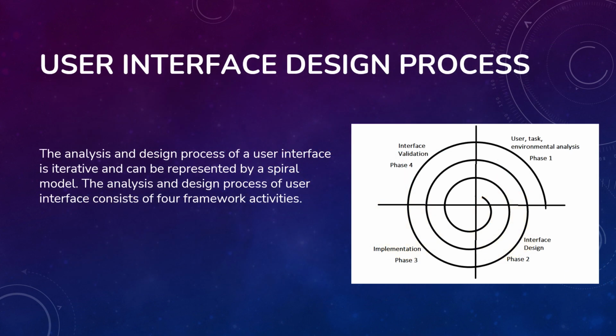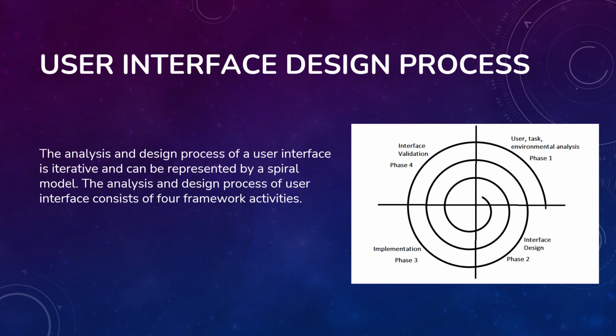The next one is user interface design process. The analysis and design process of a user interface is iterative and can be represented by a spiral model. It consists of four framework activities.